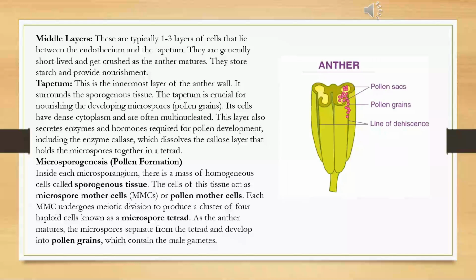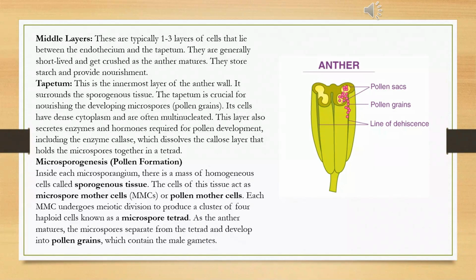The next one is microsporogenesis, also called pollen formation. Inside each microsporangium, there is a mass of homogeneous cells called sporogenous tissue. The cells of this tissue act as microspore mother cells or pollen mother cells.